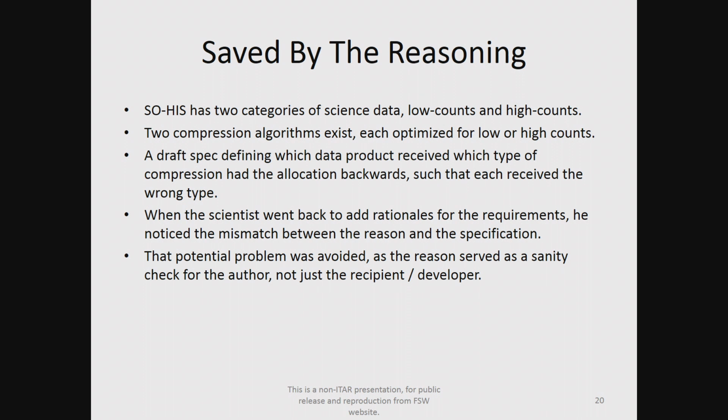When they went back to add a rationale for why they were specifying which compression algorithm was used for each data product, that's where they saw the conflict. They fixed all those reversals, so by the time the document got to us, it was correct, and that saved them from having a bunch of data coming down low resolution or less than optimally compressed.